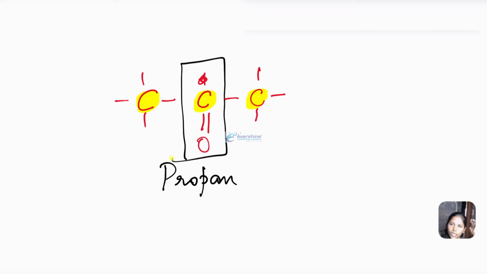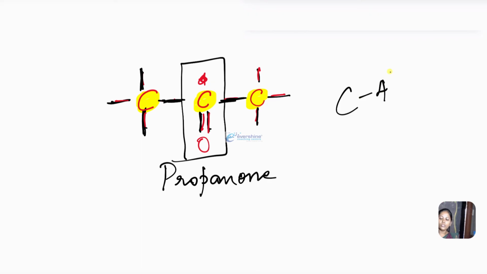This is propanone. And remember, one carbon should have 4 bonds. Here 1, 2, 3, 4 for the middle carbon, and for the last carbon 1, 2, 3, 4, because its valency is 4. Got it?